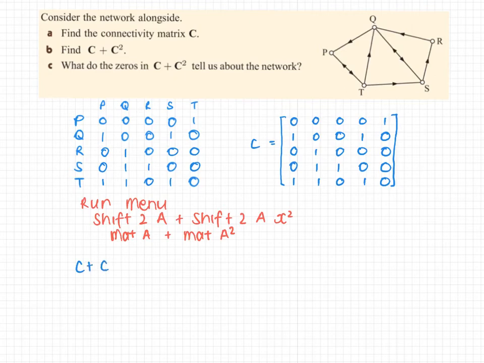So C plus C squared, hopefully we'll get the same. So we should get 1, 1, 0, 1, 1, 1.